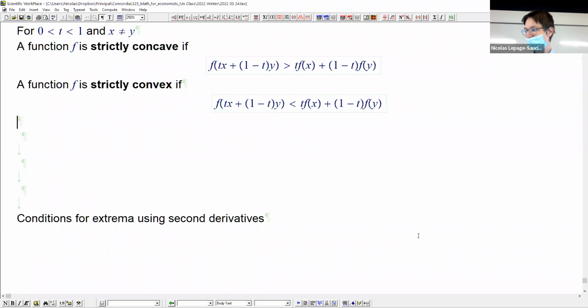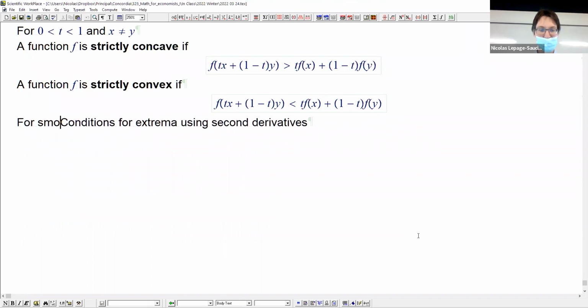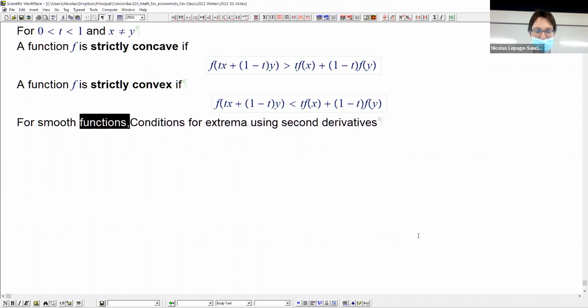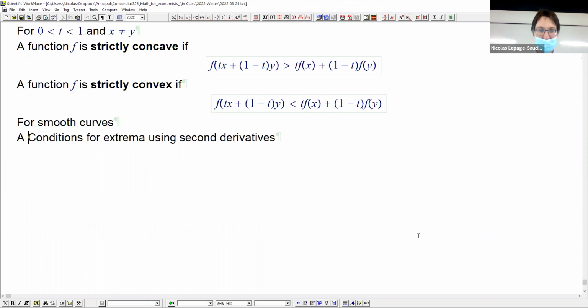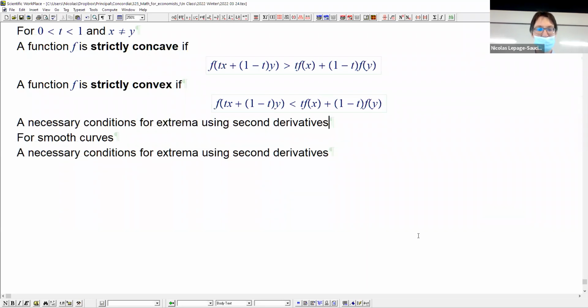Okay, and now going back to what I was going to say. So for smooth functions, for smooth curves, necessary conditions for extrema using second derivatives.